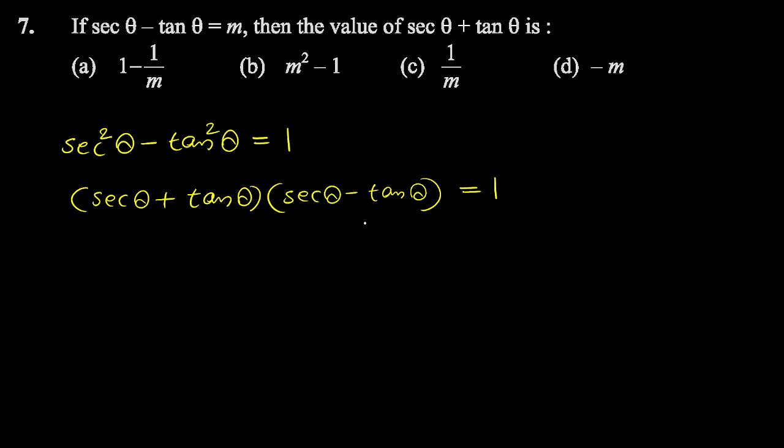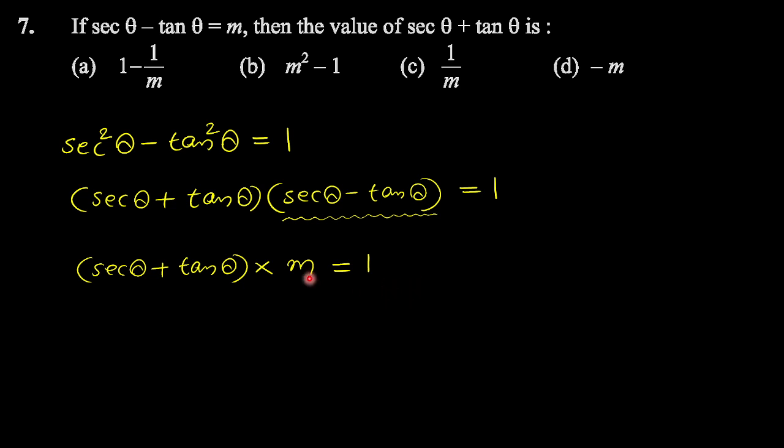So now in this question, what is sec theta minus tan theta? It is given as m in the question. So sec theta minus tan theta can be written as m. So I can write sec theta plus tan theta into m is equal to 1.